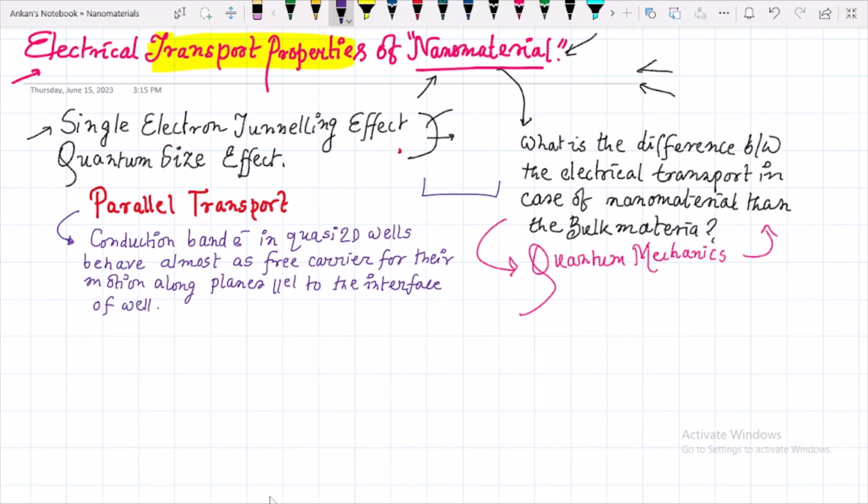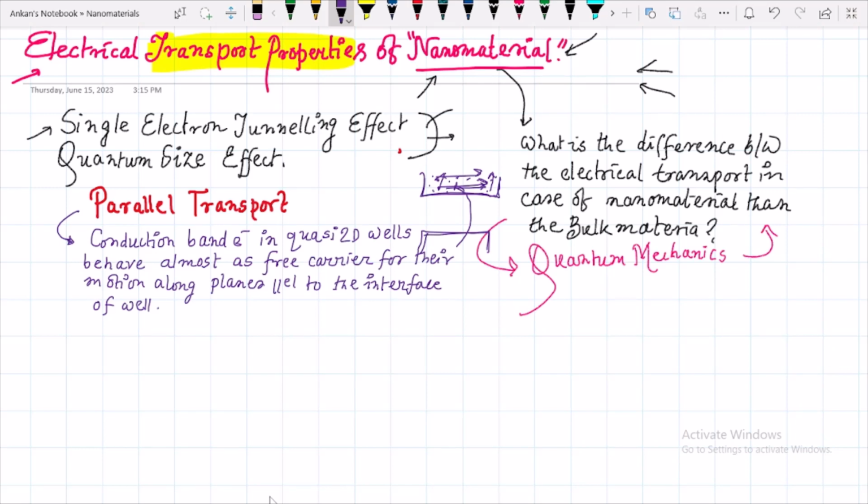So if you assume the conduction band to be an infinite square well and the valence band to be an infinite square well, and electrons get tunneled from the valence band to the conduction band, then when the conduction electrons are present in the conduction band and move in the planes parallel to the interface between the two wells, the movement of the electron is known as the parallel transport.